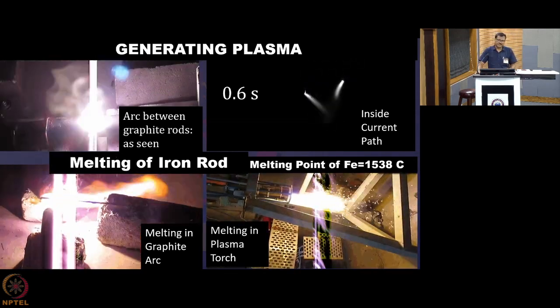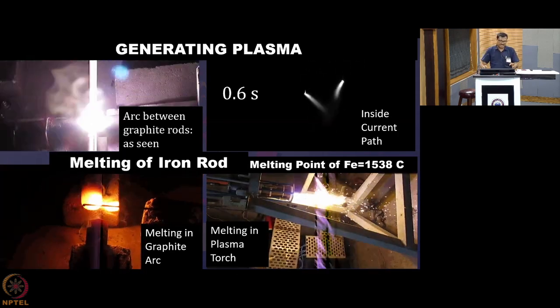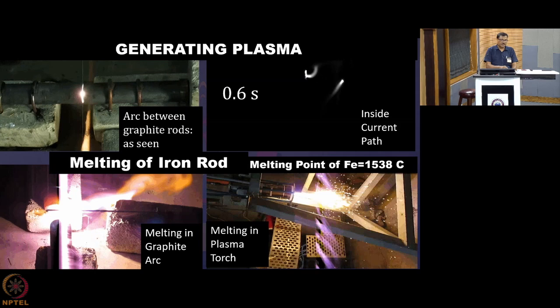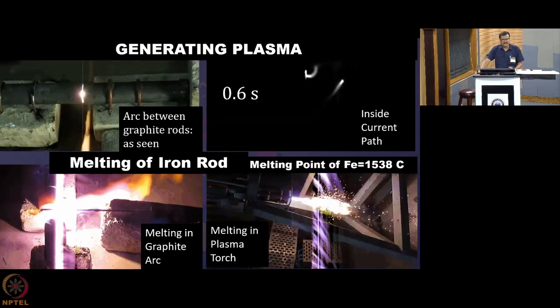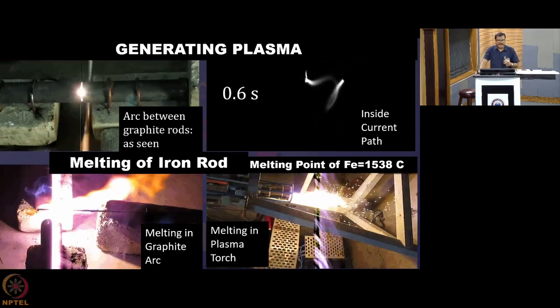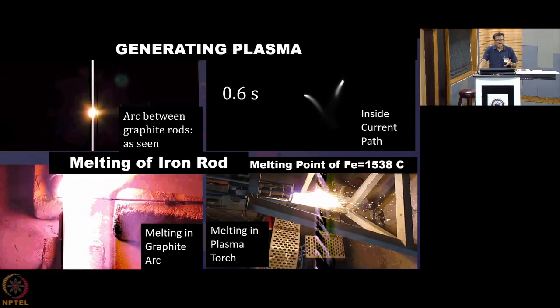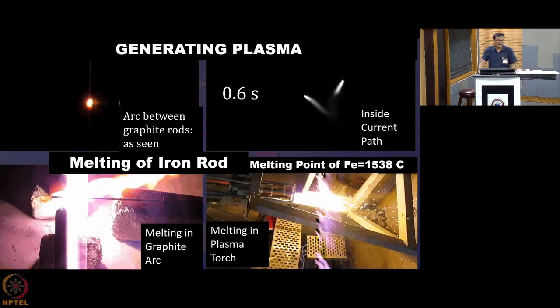Now, what I have done actually is put a rusted iron rod. The melting point of iron, you may know, is around 1600 degrees centigrade. So if the plasma plume has a temperature of more than say 2000 degrees centigrade, then it is expected to melt it.